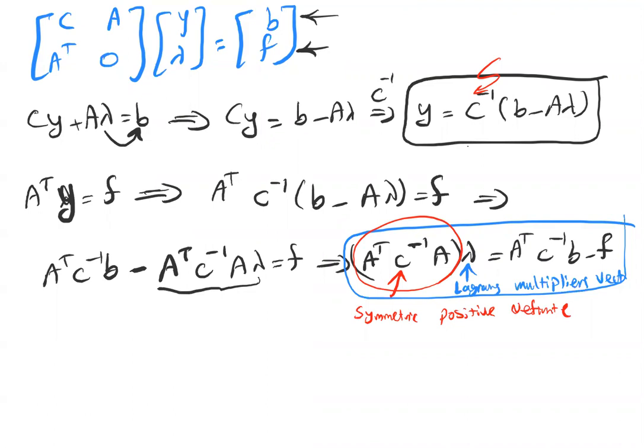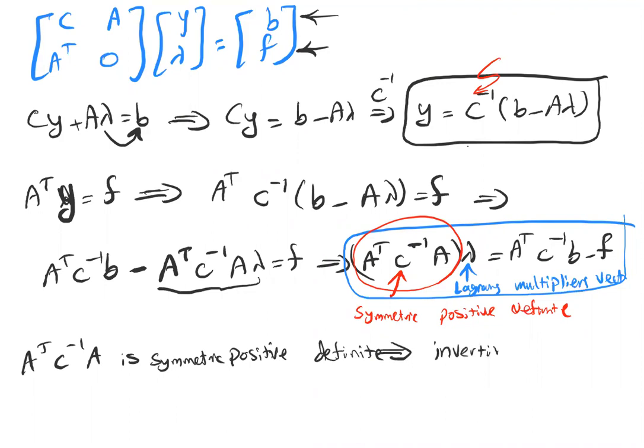So that leads to having A transpose C inverse A is symmetric, positive, definite. And ultimately, we can conclude that it's invertible. So there is an answer to this equation.